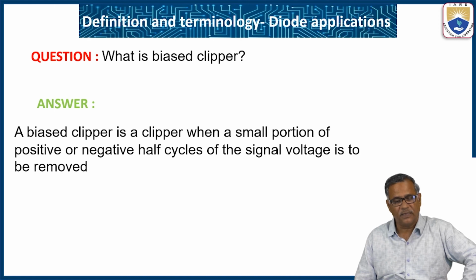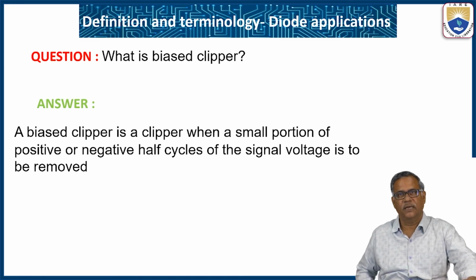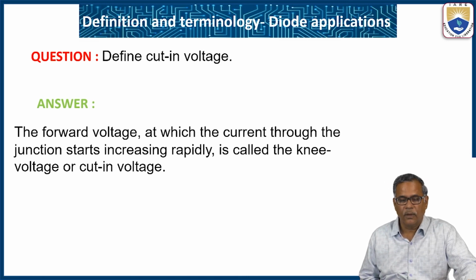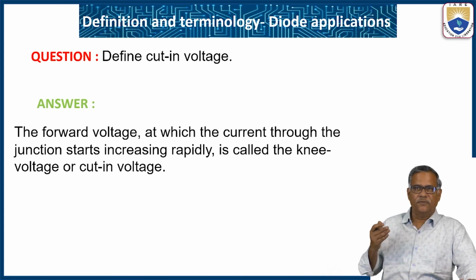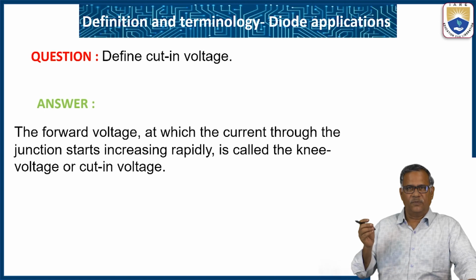What is a biased clipper? A biased clipper is a clipper where a small portion of the positive or negative half cycles of the input voltage is removed. Define cutting voltage. When the diode is forward biased, for small applied input voltages you don't get current.